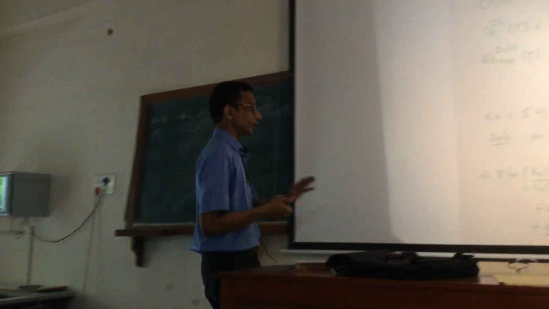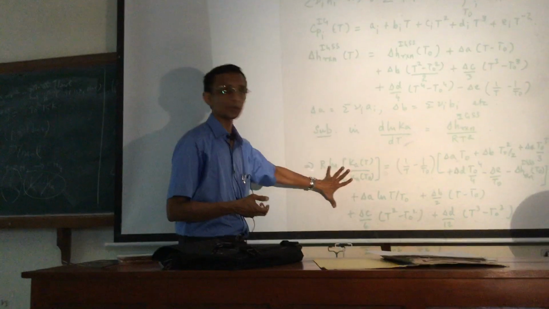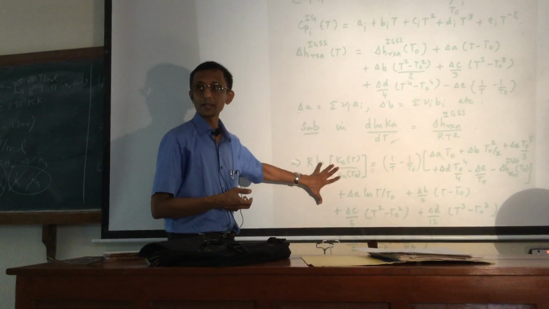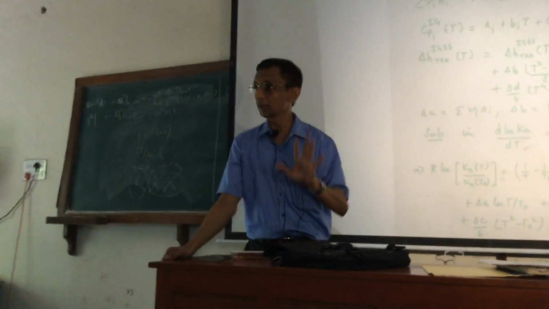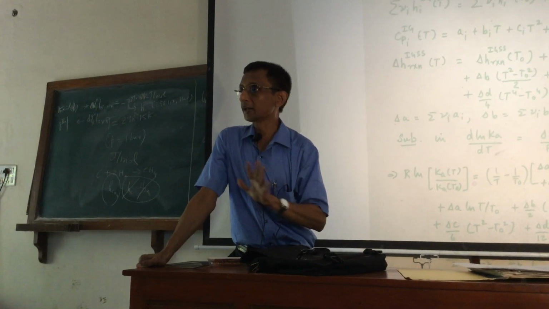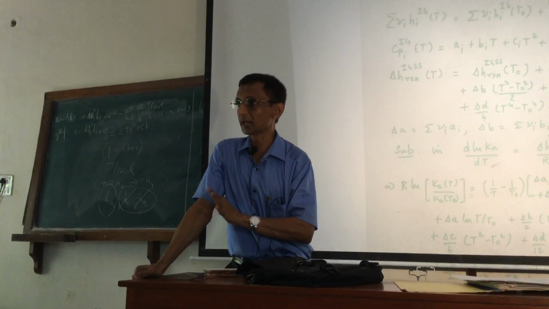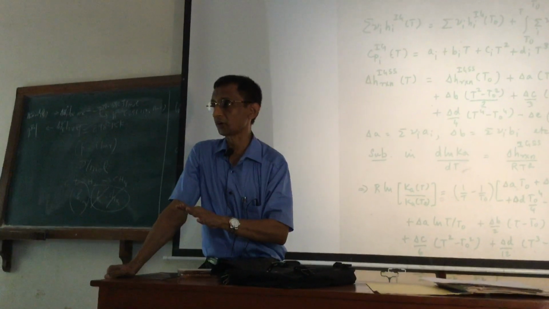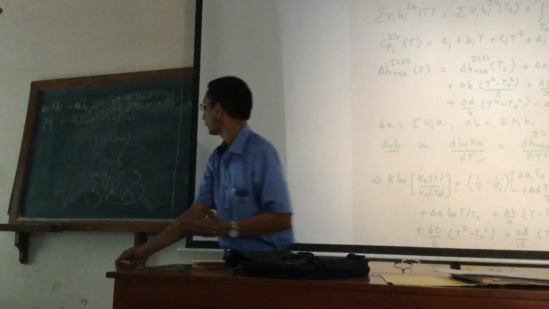So what it means is that with this expression for standard state 1, I can calculate the Ka of any reaction, provided I know the Ka of the reaction at a particular temperature, which is going to be 298.15 for us. Now, how do I calculate that?